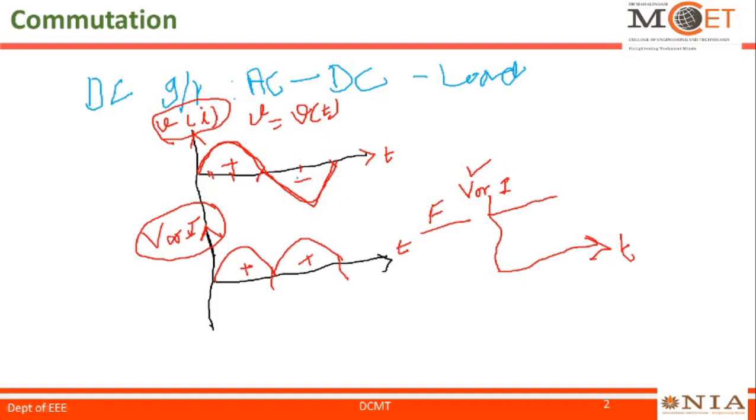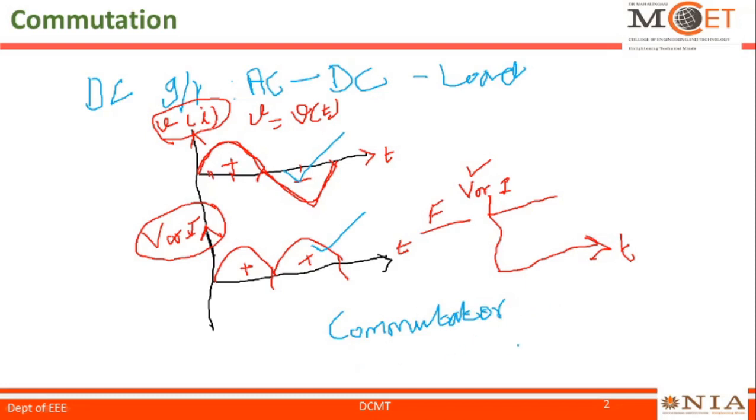Now the question is, how do we convert the alternating current or voltage into unidirectional voltage or current? For that, we need a commutator. Referring to our earlier discussion, I told you the commutator is a mechanical rectifier which converts induced AC voltage into DC voltage.